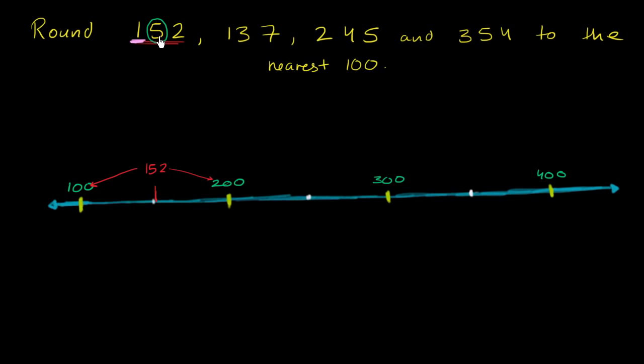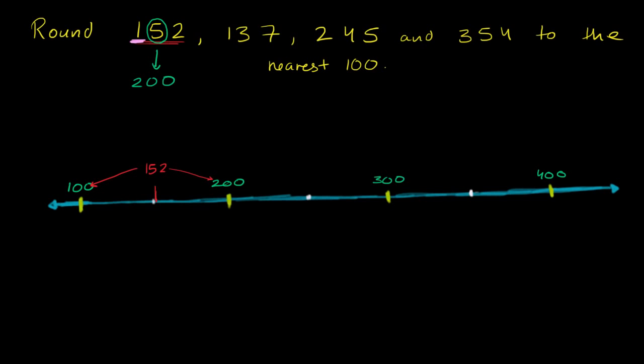This is 5 or larger, so we're going to round 152 up to 200, which also makes sense. 152 is a little bit closer to 200. It's 48 away from 200, and 52 away from 100. So it makes sense to go up to the nearest multiple of 100.